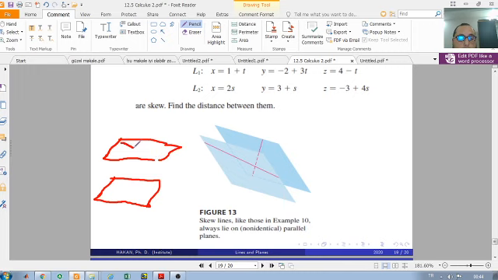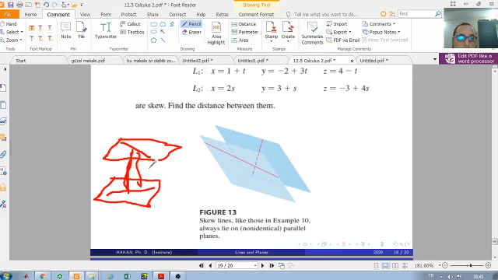And a line is in this direction and another one is in this direction. So we don't have any intersection point for this, and they are not parallel since they are in different directions. So how can we find the distance between them?